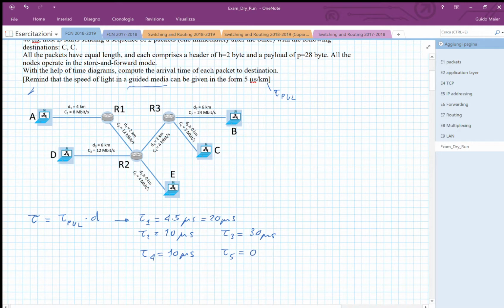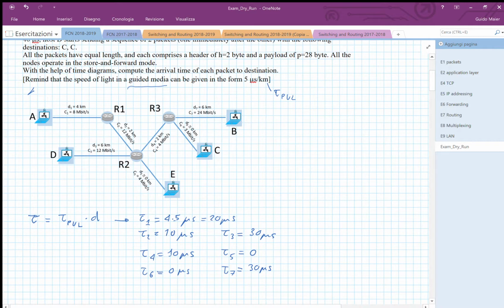Link 5, as you can see, has a distance that can be approximated with 0. It's very short. And then we have link 6, which is 0 again. Link 6 is this one. And finally, link 7, which is 30 microseconds. Okay.